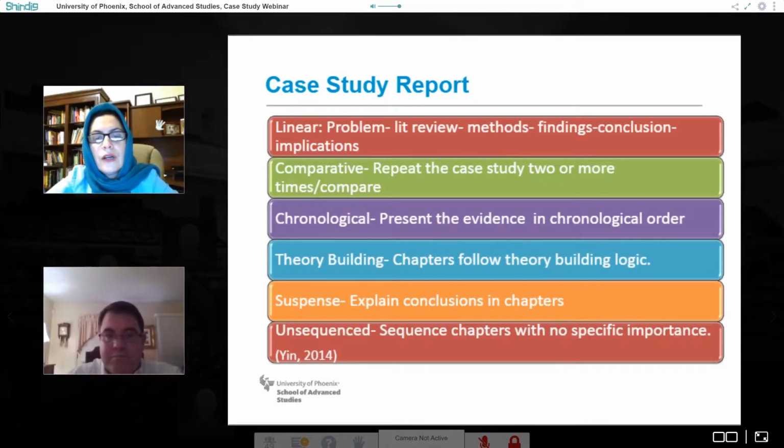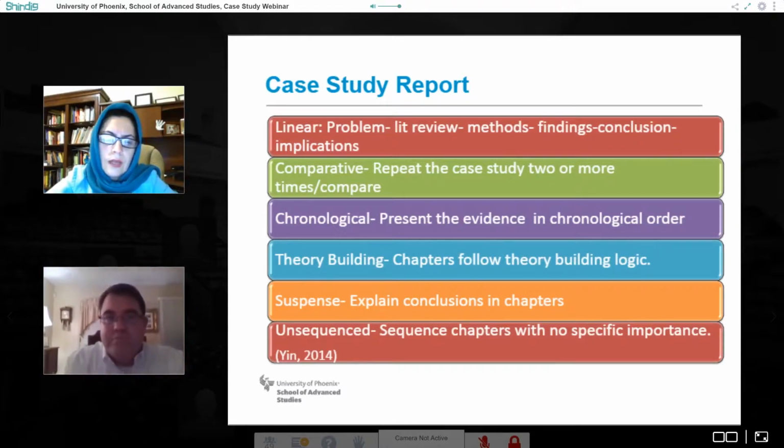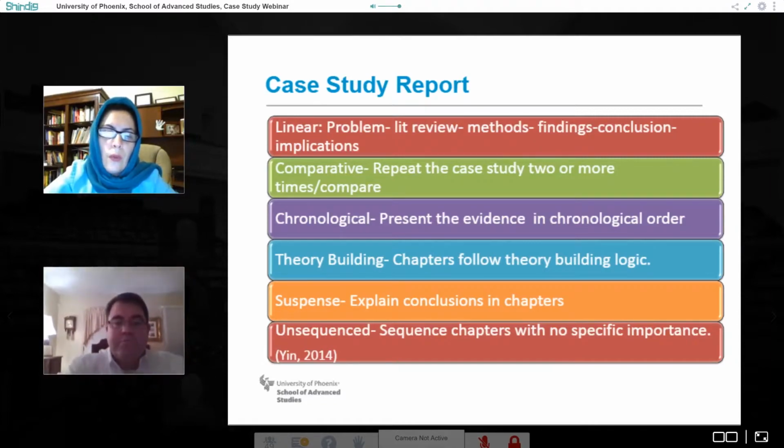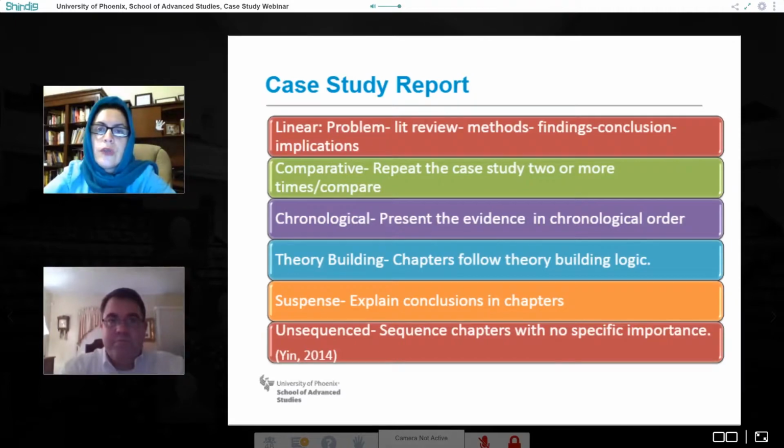And then there are two other structures that Yin suggested that, to me, were not really as useful. I'm just saying that he suggested them, but perhaps the other structures were better. He was saying that you provide a report about one group and then provide the conclusion, and then go to the next unit of analysis and provide the conclusion.